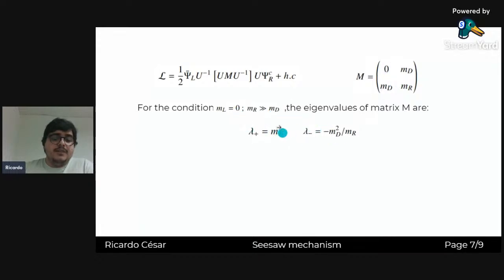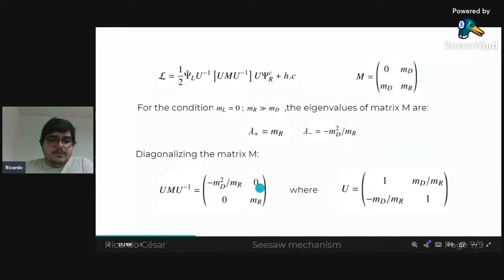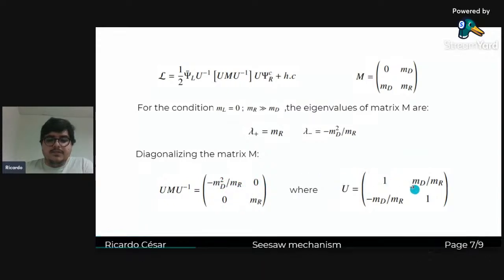So you have an eigenvalue of the right-handed mass, and minus the Dirac mass squared divided by the right-handed mass. Okay, and the matrix diagonalized is obviously this one, and the transformation is given by this.